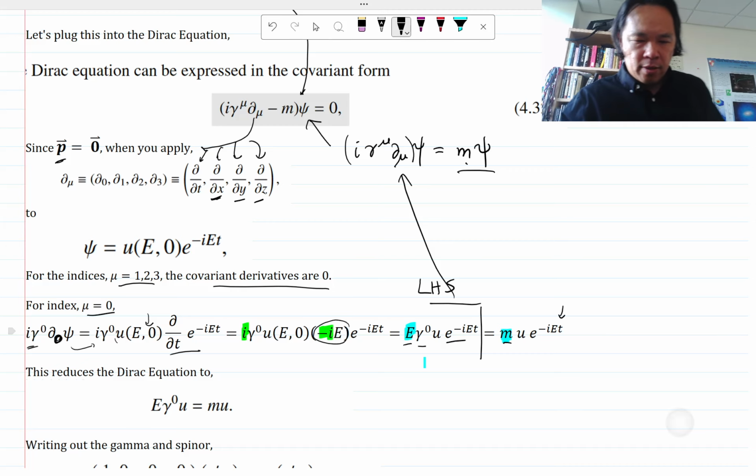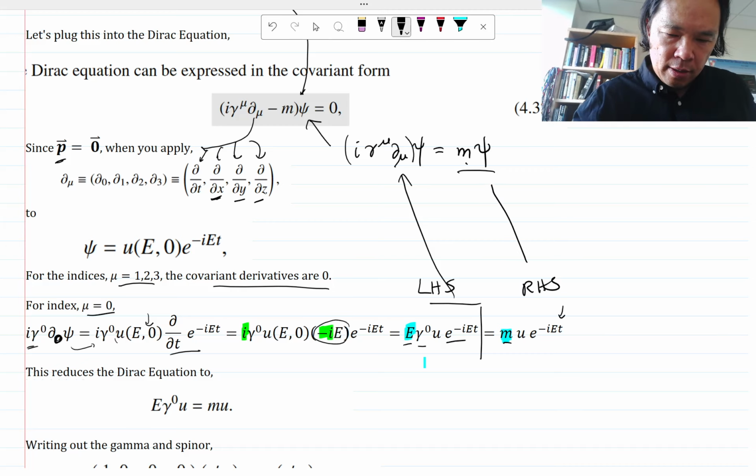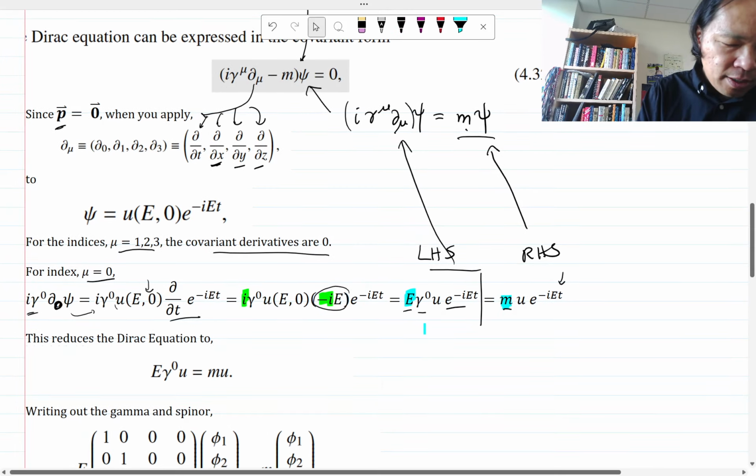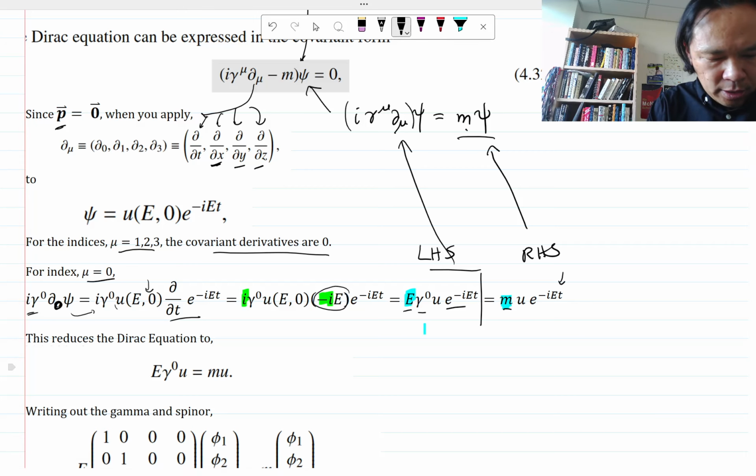That's where this long equation came out to be. So this reduces the Dirac equation in the particle at rest case to just E times gamma 0 times u, because these exponentials can actually cancel out, equals the mass times the u.